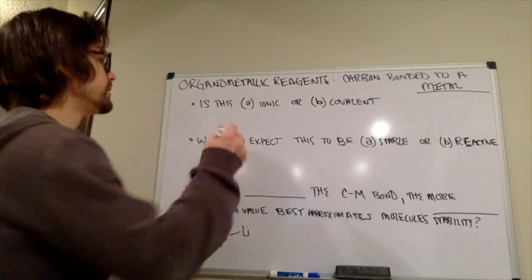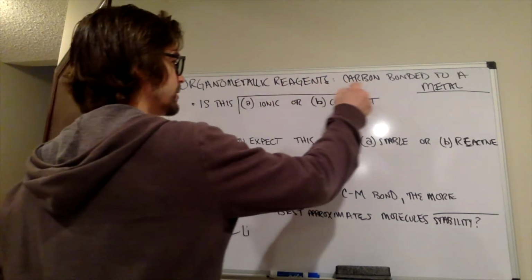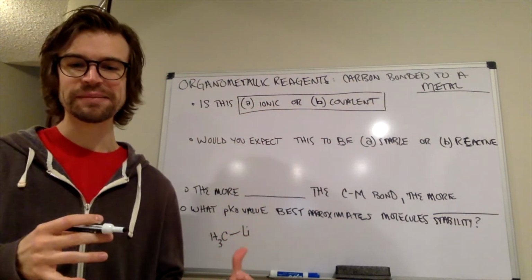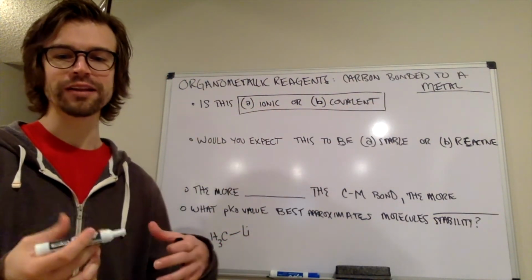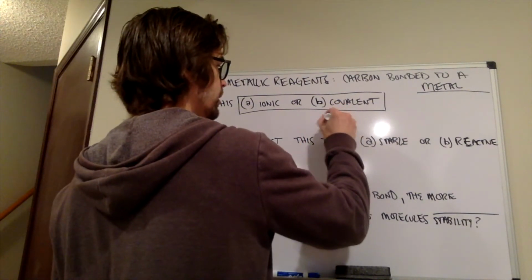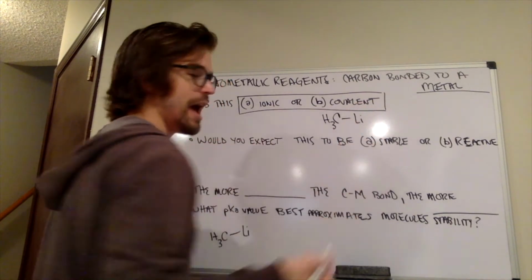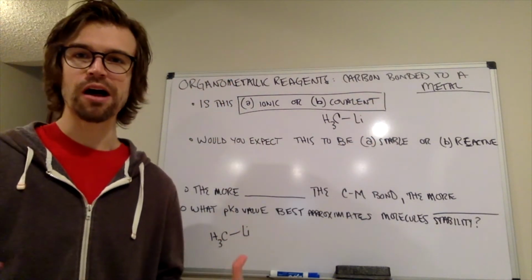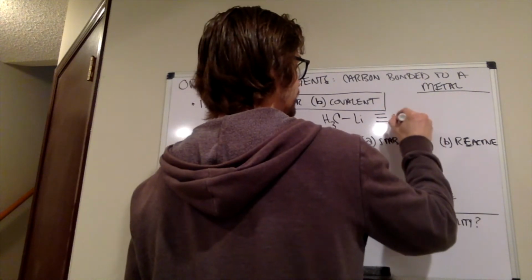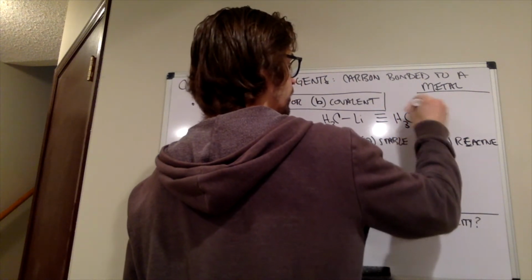But it turns out that these organometallic reagents have properties that make them seem ionic, and properties that make them seem covalent. Something like CH3 lithium is often drawn with a real covalent bond between the two of them, but it's also often drawn as CH3 with a lone pair.